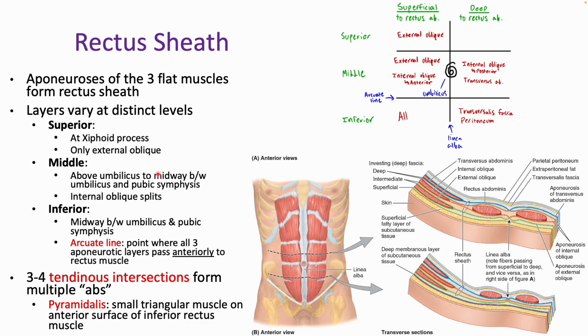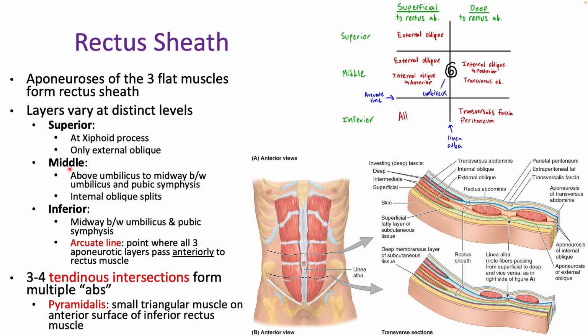Our superior region, which is going to be up here, is at the xiphoid process, and we're only going to find the external oblique. And that's going to run superficial to the rectus abdominis. This diagram is split by, if this line represents the linea alba, we have muscles that are superficial to our rectus abdominis and muscles that are deep. So superiorly, we're only going to see external oblique.